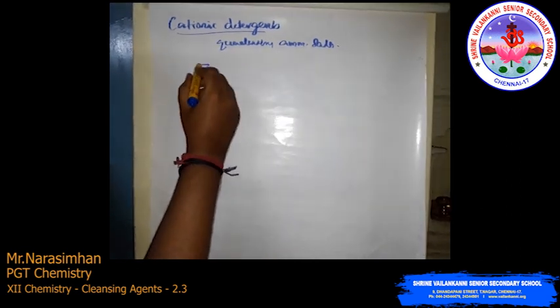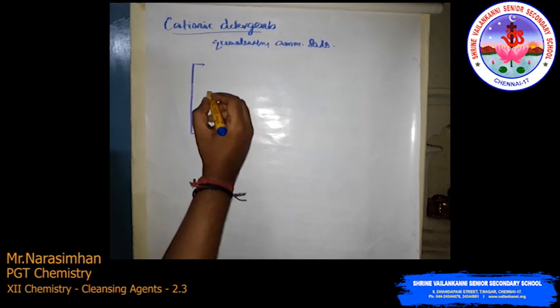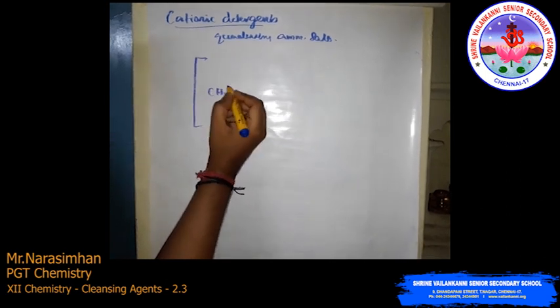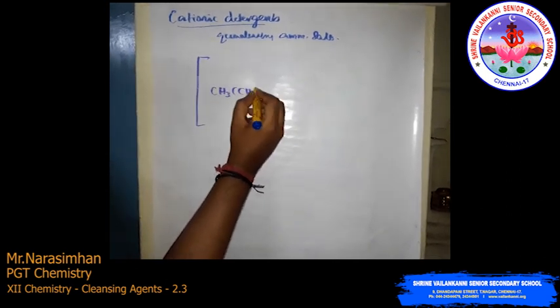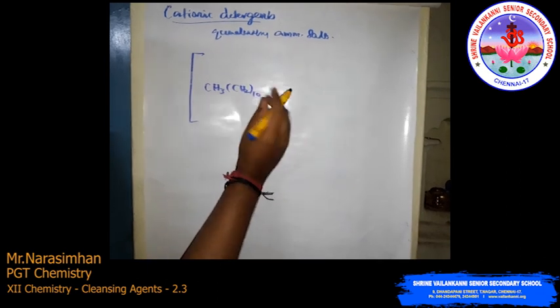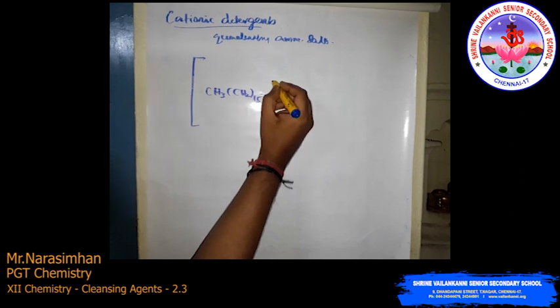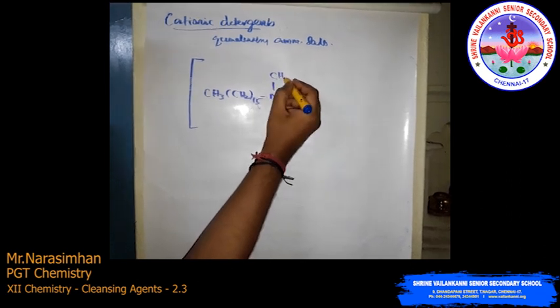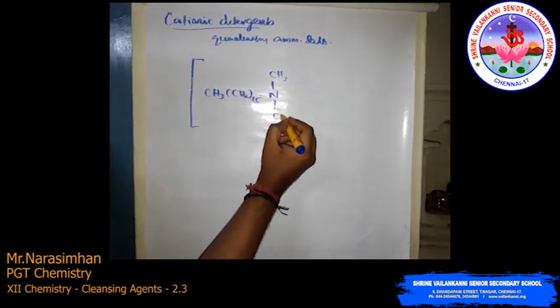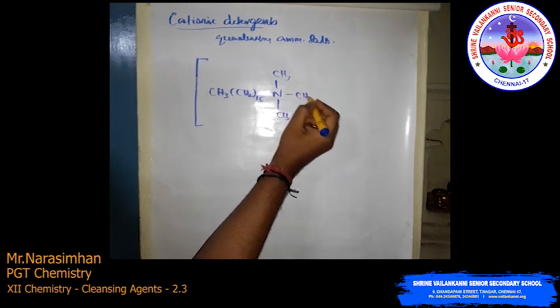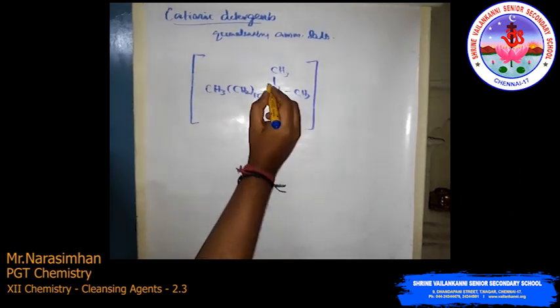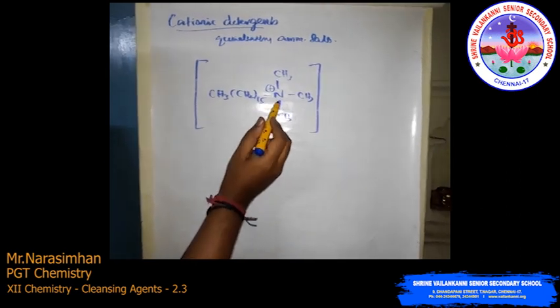See, look at the compound here: CH3 (CH2) 15 times, N, with CH3, CH3, CH3. So this nitrogen atom contains the positive charge.